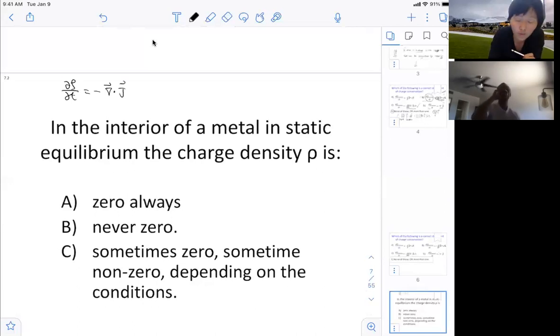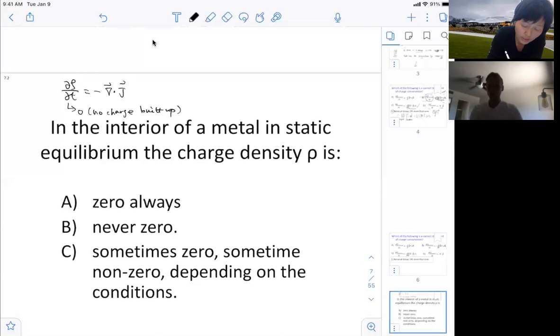And I want to let you know that when we're talking about a steady situation, the charge doesn't change over time. There's no charge buildup. When we are looking at it, the partial of rho with respect to t is 0. So you may need to use this equation.